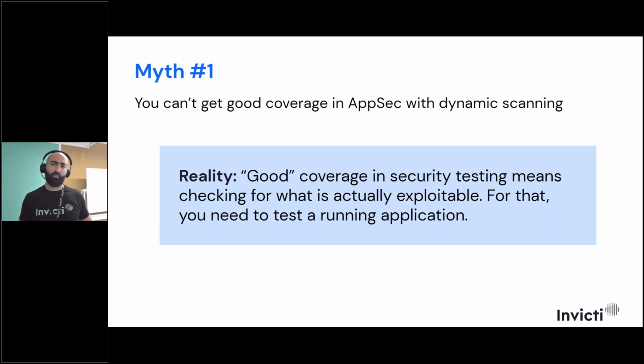It fills these components with data that might achieve exploitations, clicks on buttons and links, redirecting you to other pages, and goes deeper into the site structure of the application. This is where you can get good coverage.